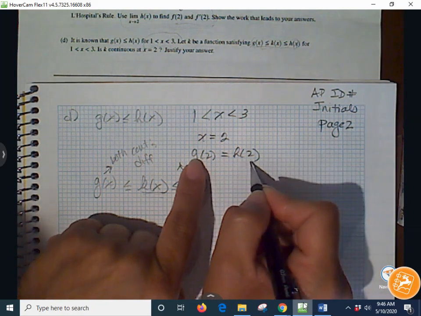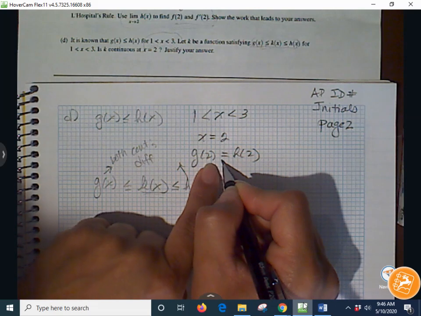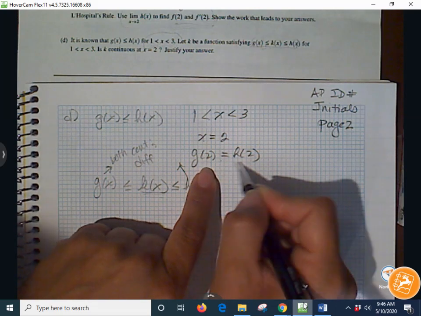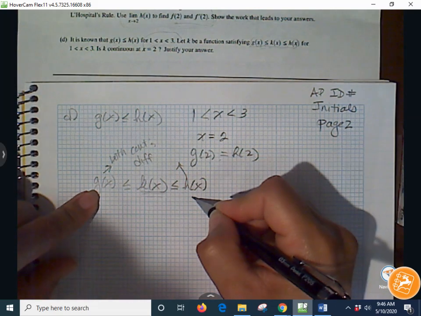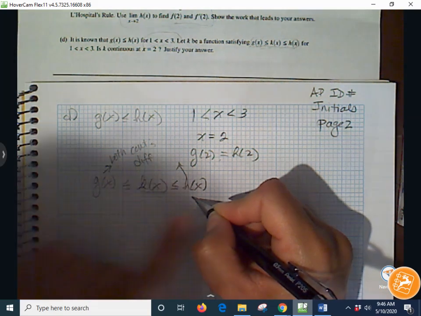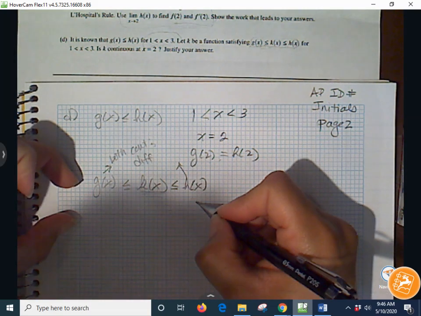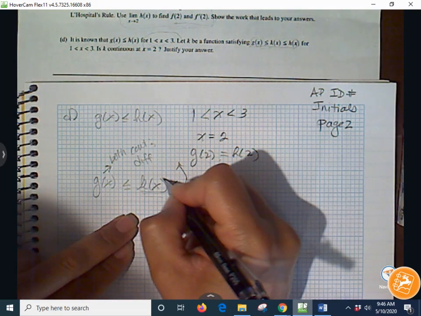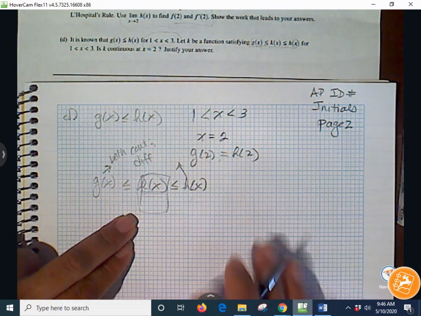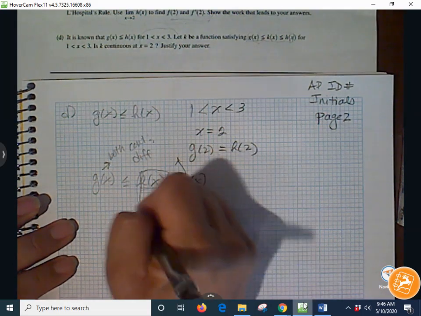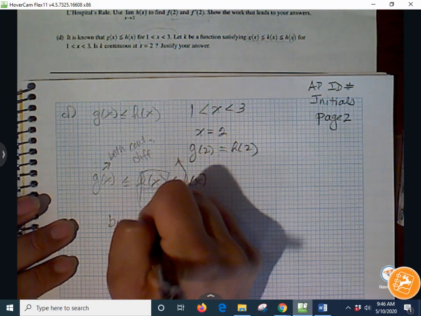Now, since at x equal to 2, the outer two functions are actually equal to each other, then what does that mean for the middle function? I'm going to say by the squeeze theorem.